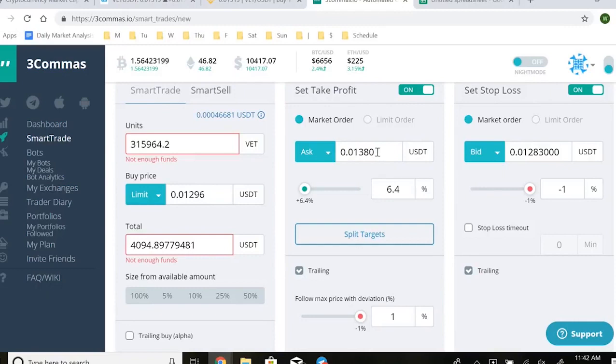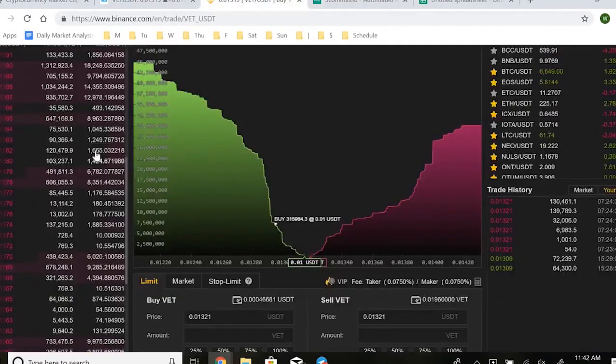So what that means is I set my limit order to sell at 1380 at a 6.4% profit. Now what this is going to do is once it gets to 1380, it'll make a line at 1380, and if the price continues to rise, the order will follow the price of the asset.